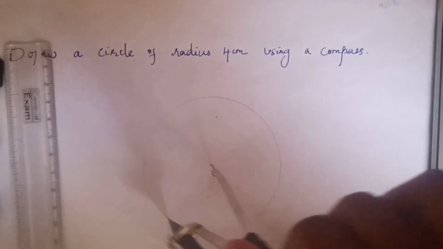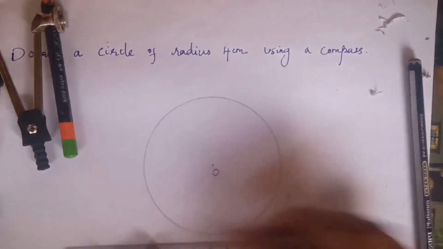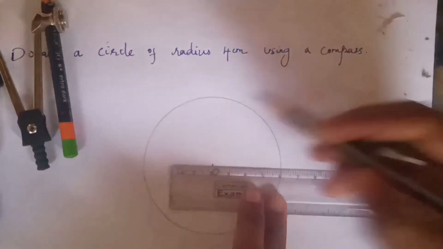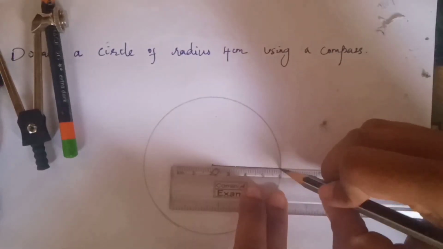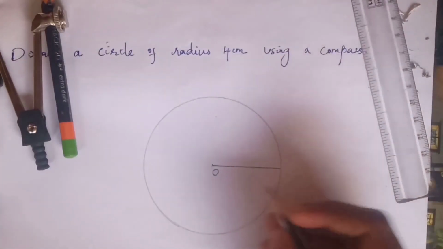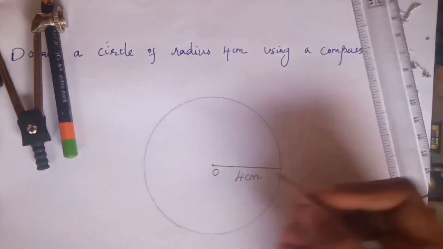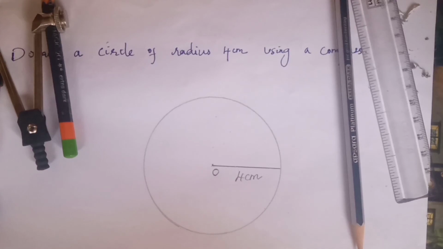Move the pencil around, holding its tip. Now it traces a circle. Then join the center of the circle to any point on the circle. Now it is the radius, which is 4 cm in length. So we got a circle of radius 4 cm.